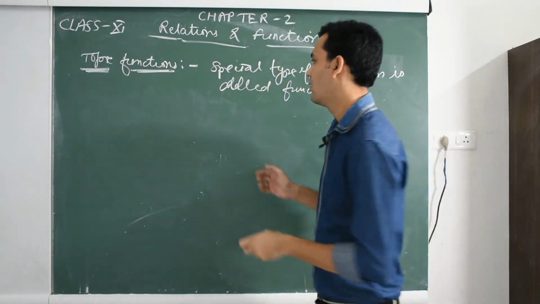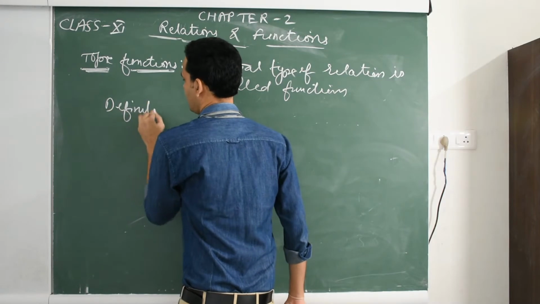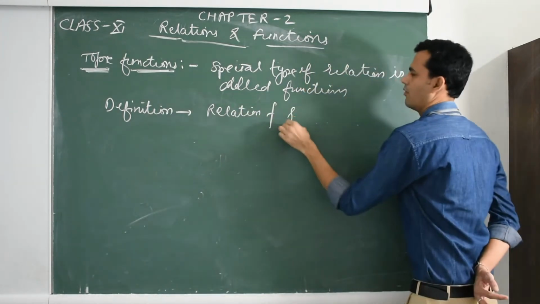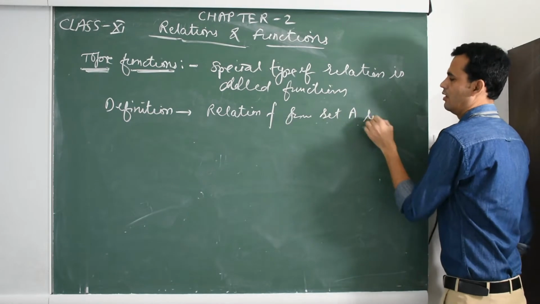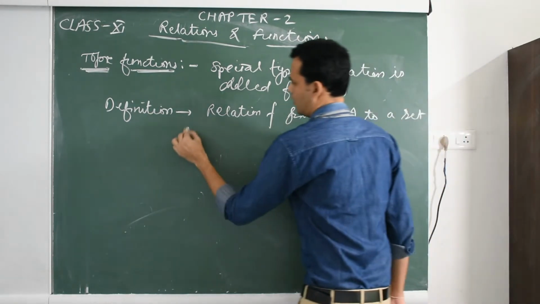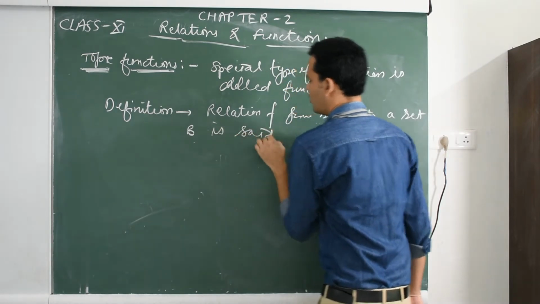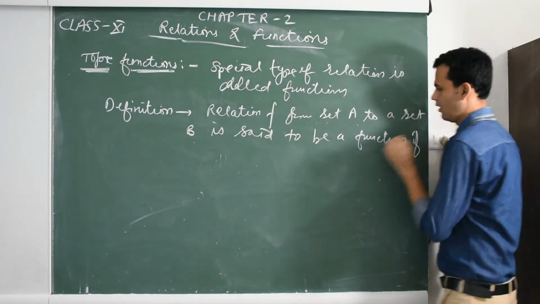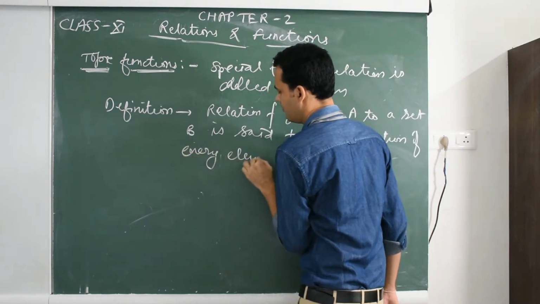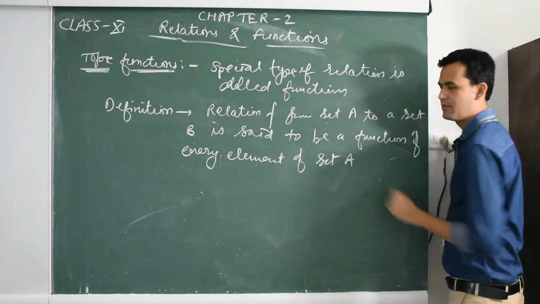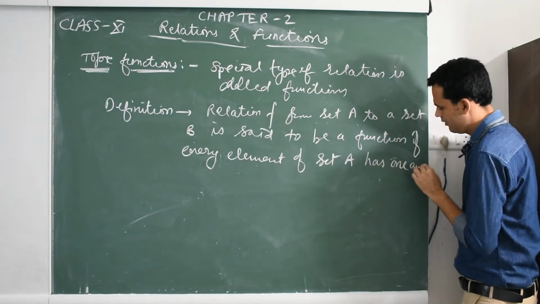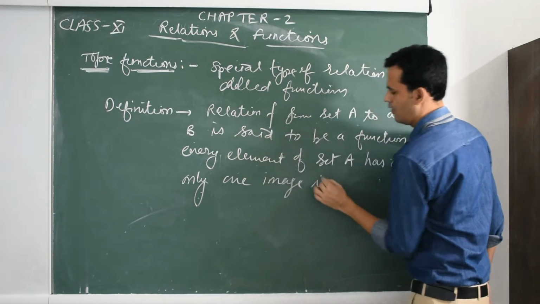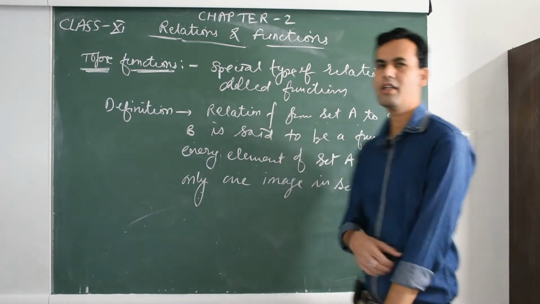Definition: a relation f from set A to a set B is said to be a function if every element of set A has one and only one image in set B. Okay, so this is the definition of function.